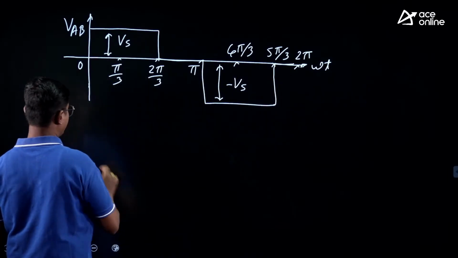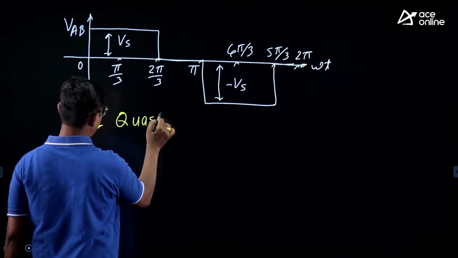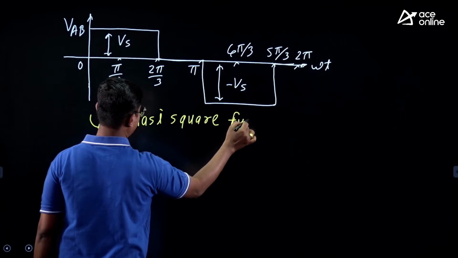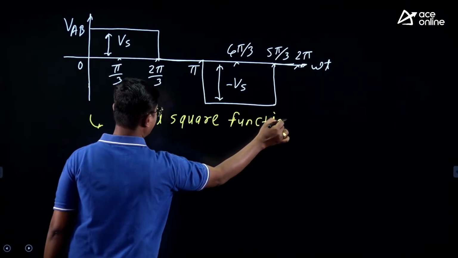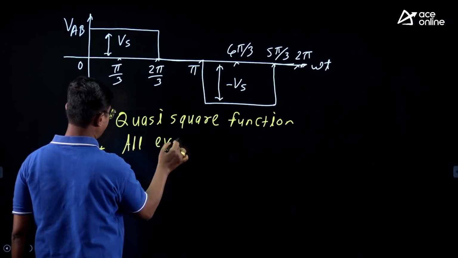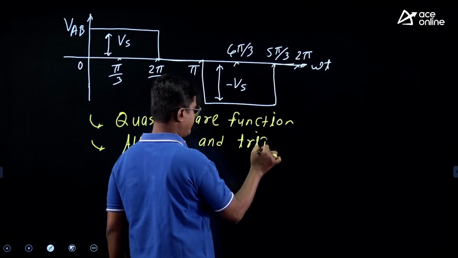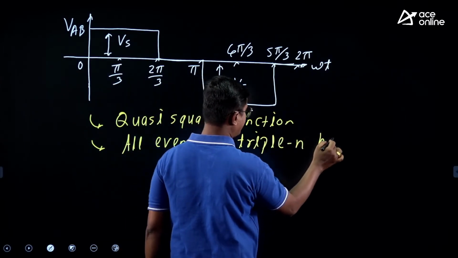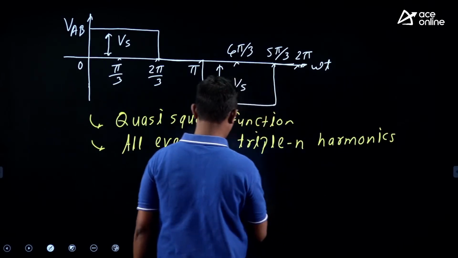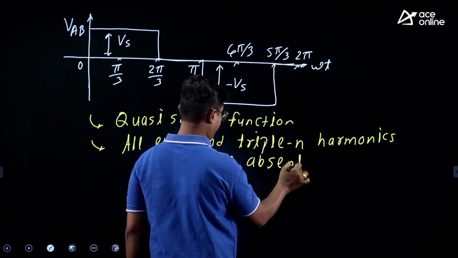Let me write. What is the nature? Quasi-square function. Which harmonics are absent? All even and triple N harmonics are absent, right?